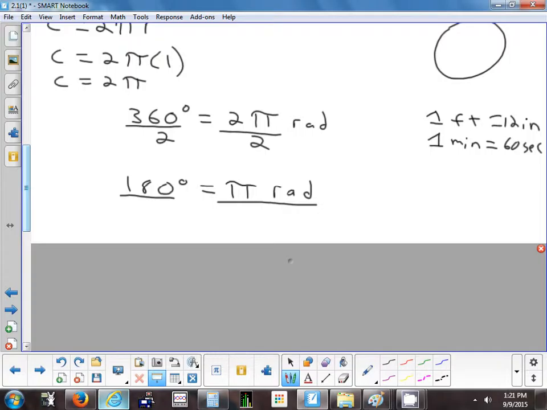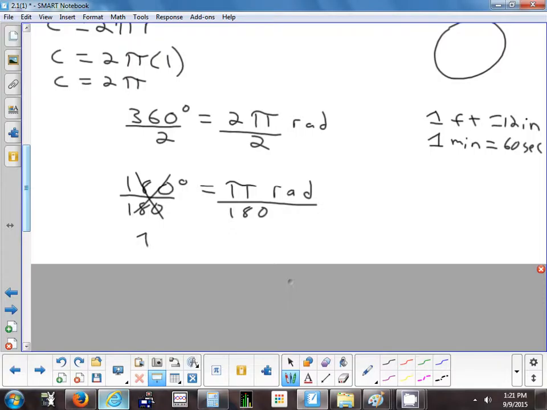Divide it by 180. And if I divide each side by 180, I get 1 degree equals pi over 180 radians. Okay, so now this tells you exactly how many radians in 1 degree.